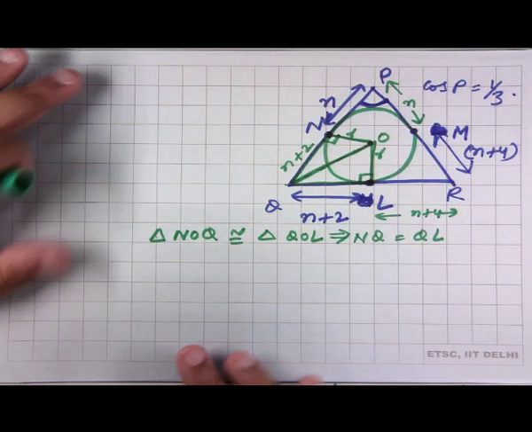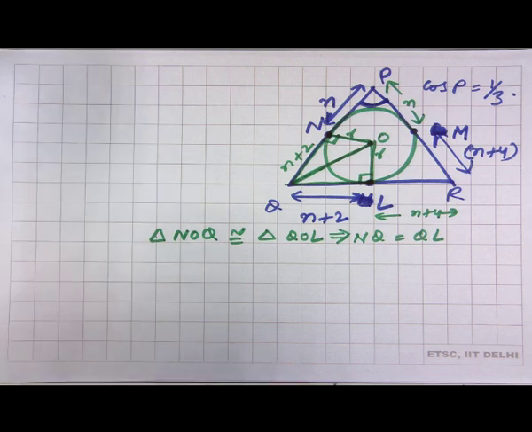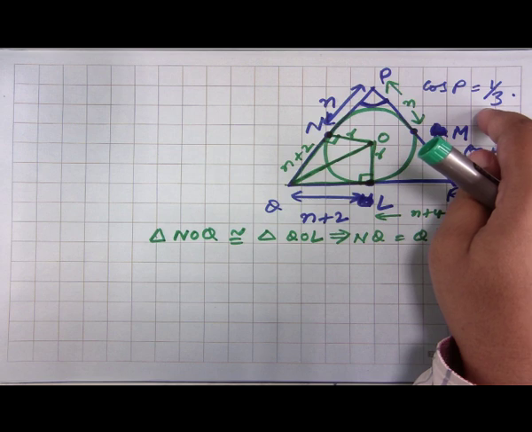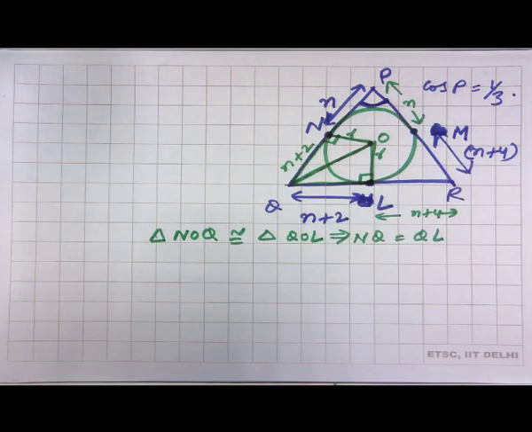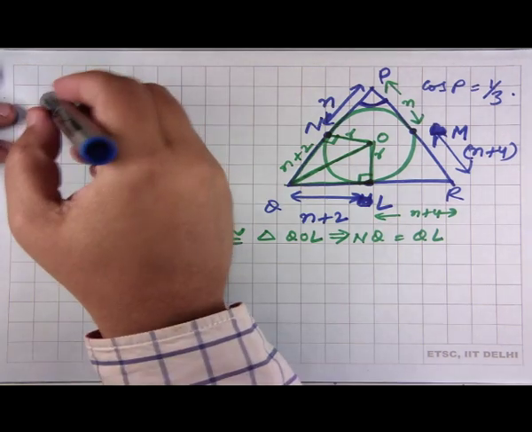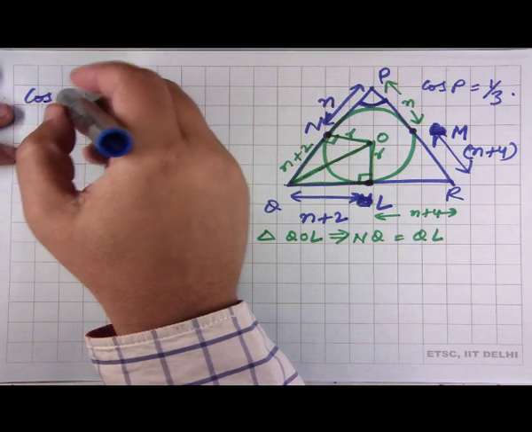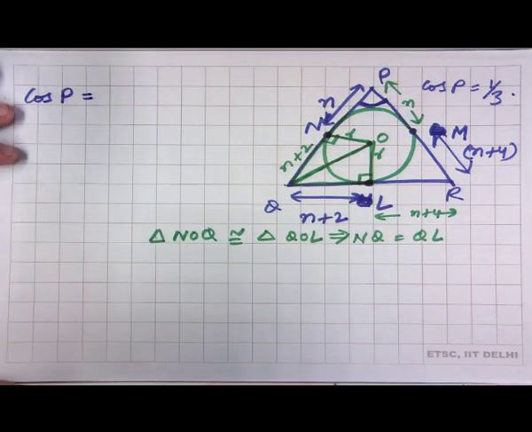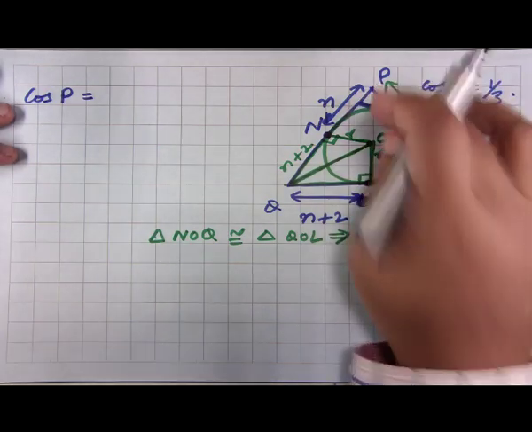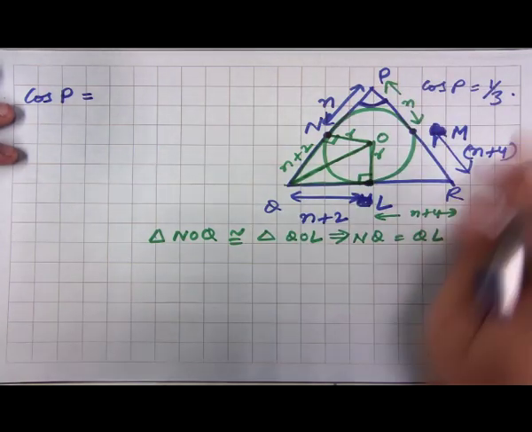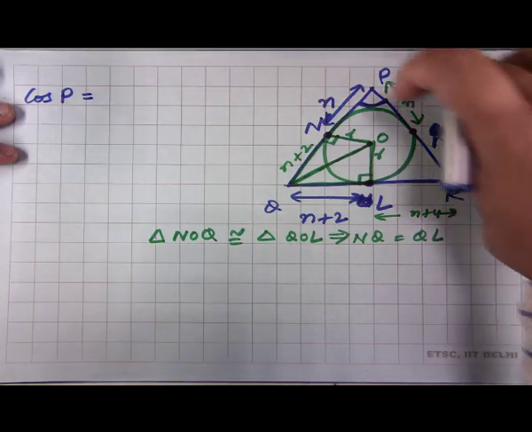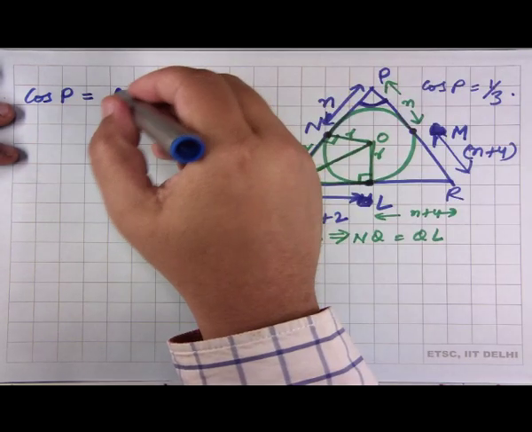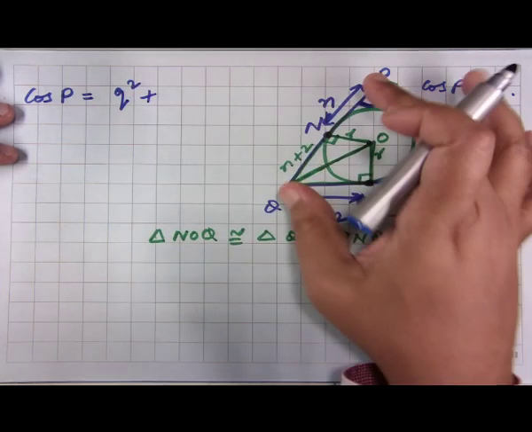And so, it is also given that cos of P is 1 by 3. So, let us try to use the cosine formula for cos of P. So, we know that from the cosine formula, cos of P is equal to, let us say that this length is small q, so q square plus the square of this side.